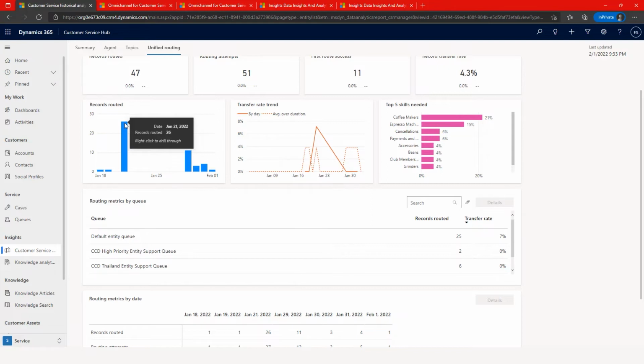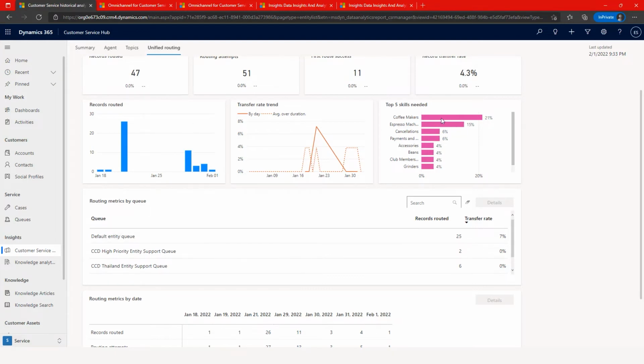If there are not sufficient agents to take up this rapid surge in demand on a particular day, they would need to do some workforce management. Again, the transfer rates are also peaking on the same day. That means the routing configuration is not yielding good results when there is an upsurge in demand.